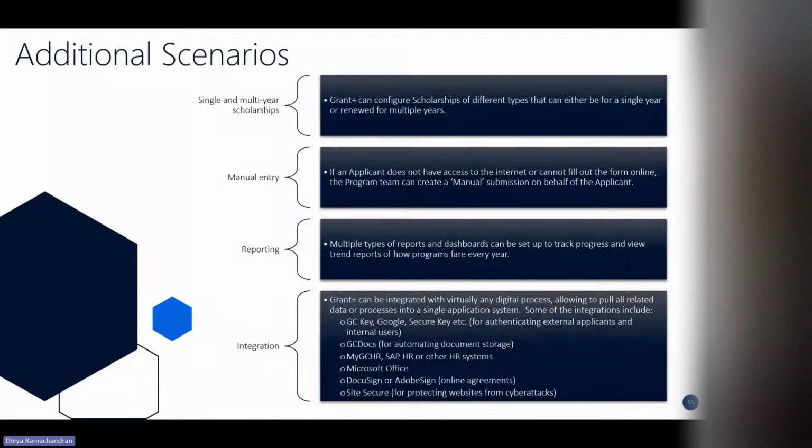Other systems, for example, SAP HR or SAP Payment, Microsoft Office, because it's a Microsoft platform, it is integratable with any application on Microsoft, especially Microsoft Office in terms of Excel, Outlook, etc. If you wanted to do online agreements through applications like DocuSign or Adobe Sign, etc., that's also available.